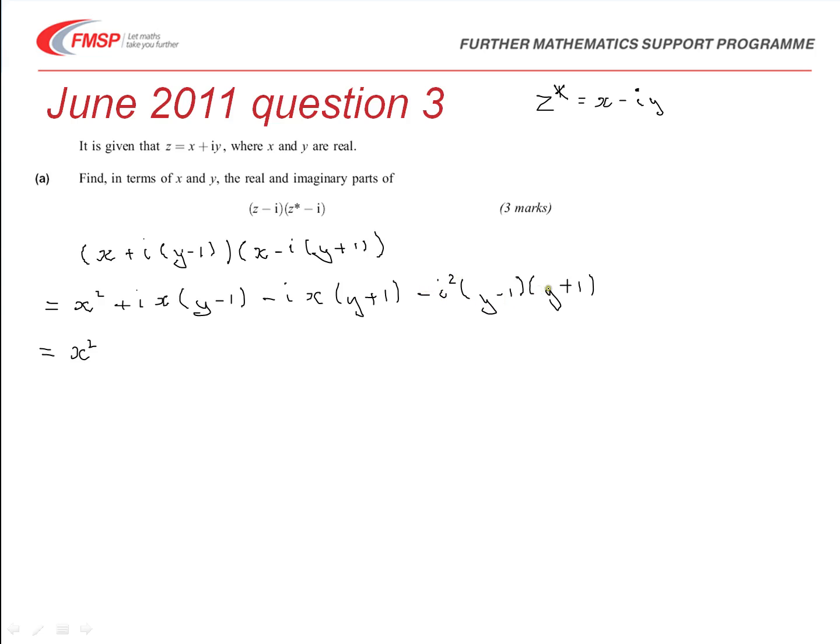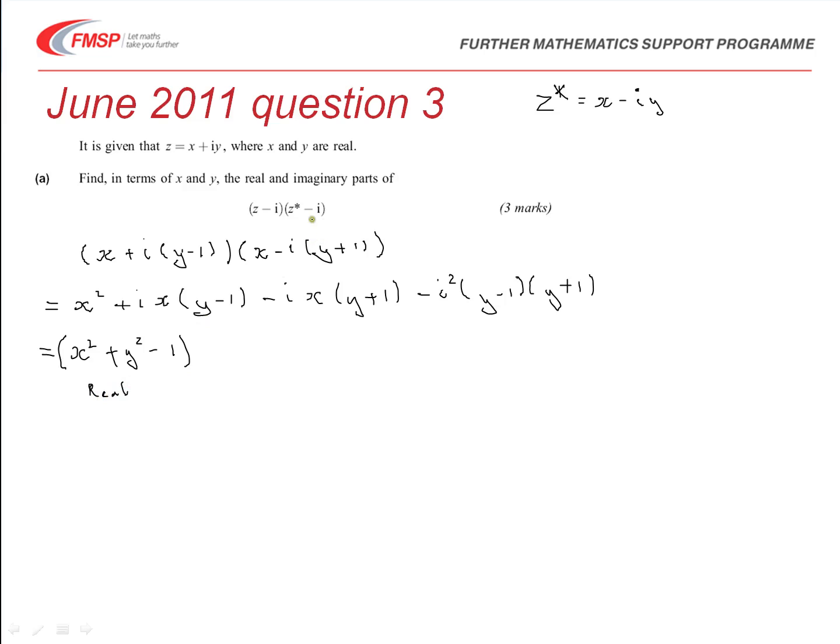So this will be a real term, and y minus 1 times y plus 1 is y squared minus 1, because this is the difference of two squares. So this just becomes y squared minus 1. So that's our real part, so I can put a bracket around that to show that this is my real part here.